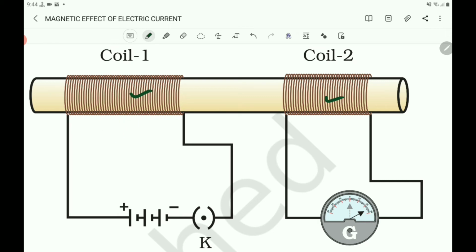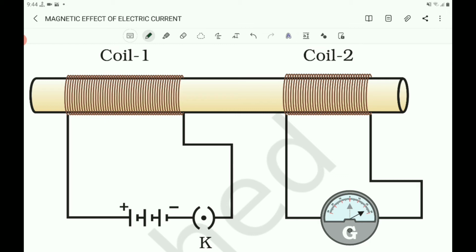Insert them over a non-conducting cylindrical roll. You can use a thick paper roll also.